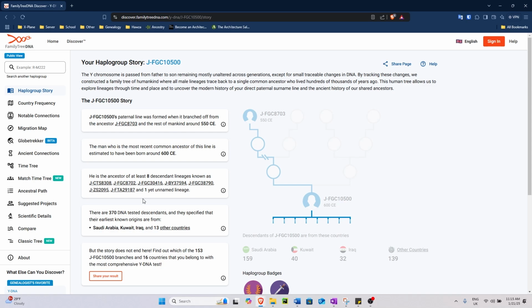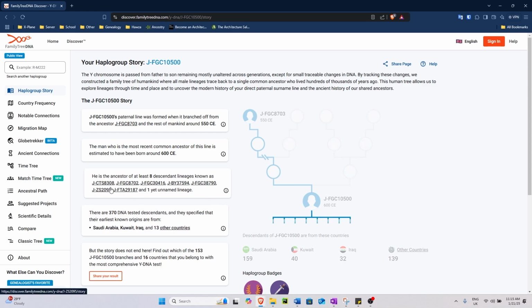So those 4 mutations are actually only one descendant lineage from FGC 10500. And if we remove those, we find that there are only 4 named lineages belonging to FGC 10500 and one unnamed lineage, which Dr. Hadi says should be the lineage of Muhammad al-Hanafiya.